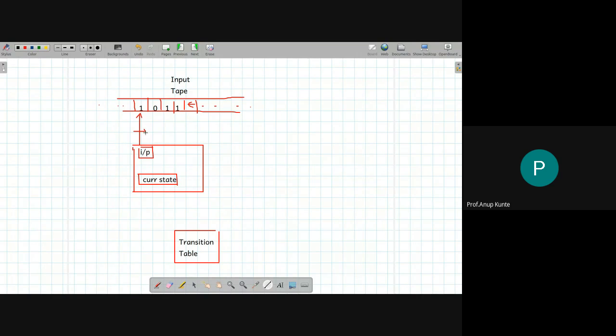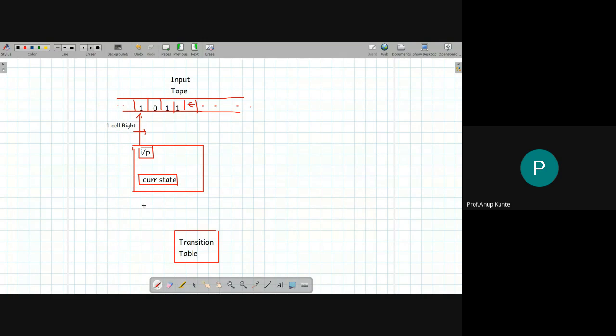So at a time it can move one cell to the right. This arrow is the movement of the tape head, one cell right at a time. I hope this is understandable now.